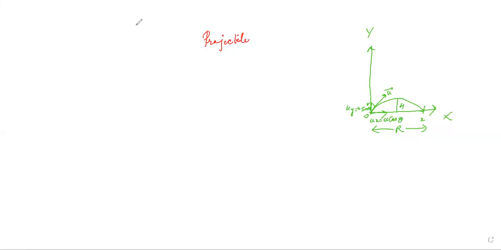So, angular projectile. As shown in the figure, let us consider we throw a projectile with some initial velocity u such that it makes an angle theta with the horizontal.